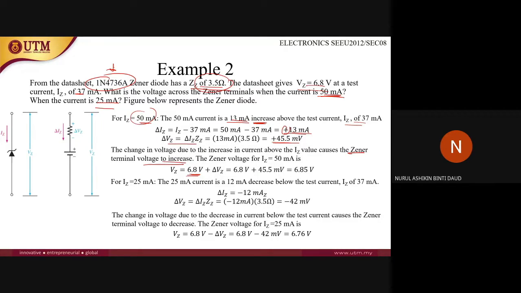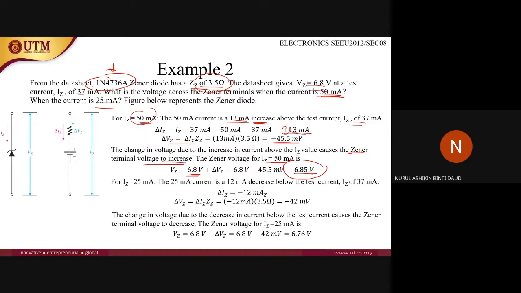So 6.8 plus 45.5 millivolts gives you about 6.85 volts. This is the exact value of VZ when the current is 50 milliampere.